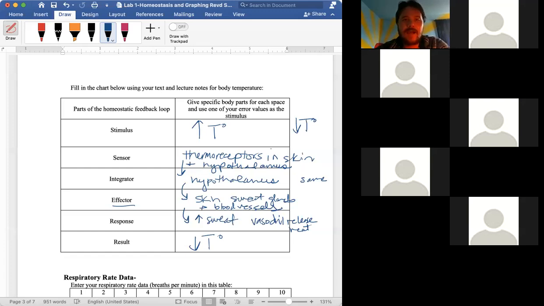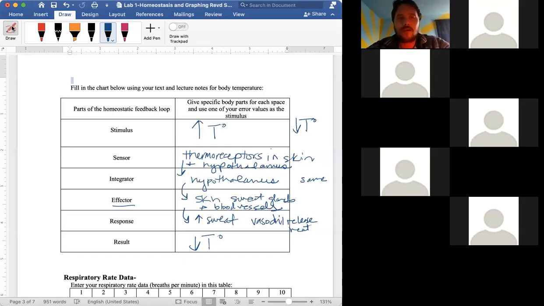I have a question. Go ahead, John. So for the increased sweat, I know our body releases sweat to release heat as well as the blood vessel dilation. But can you also consider the sweat and the wind chill factor as a cooling element too, or is it more just the body's function of releasing sweat? You can think of it that way too, but there's a lot of things in play, right?